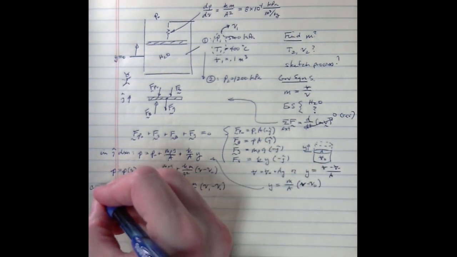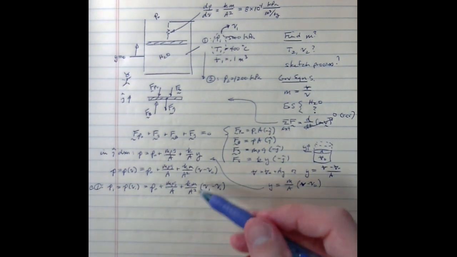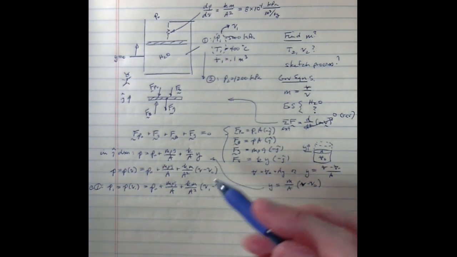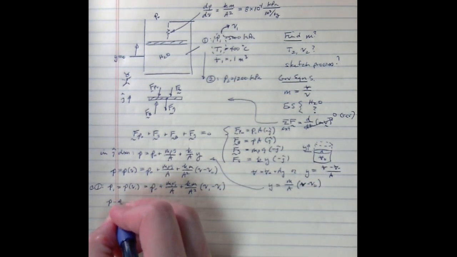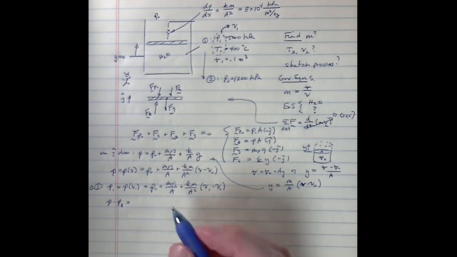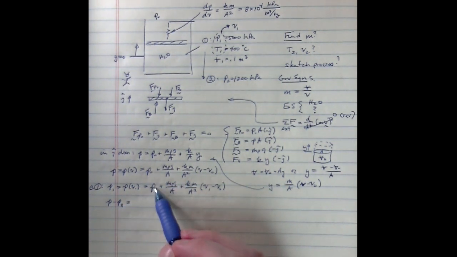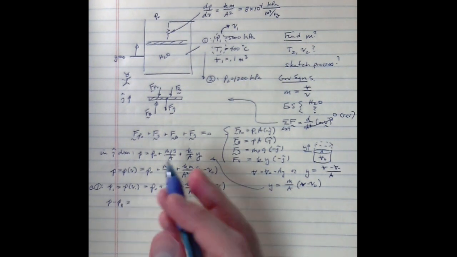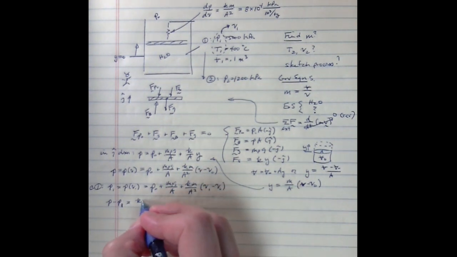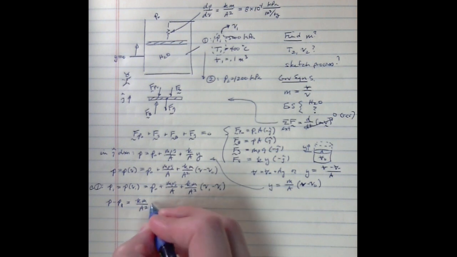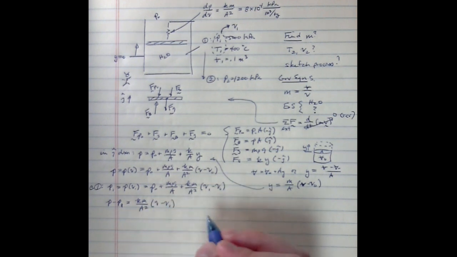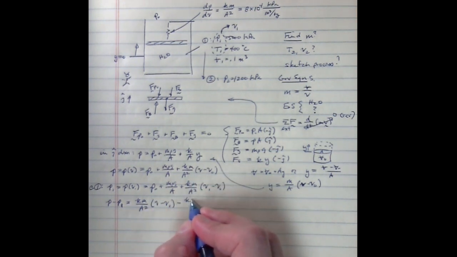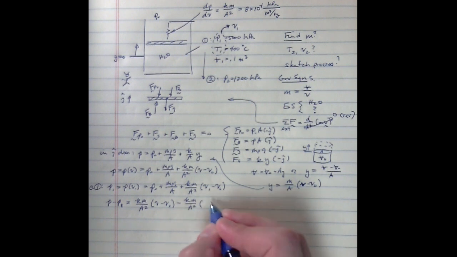Now let's try something interesting. So this is at state 1. Let's subtract these two expressions. We get P minus P1 equals, well, P naught minus P naught, that goes away. These two guys would go away. And we would get K m on A squared times v minus v naught minus K m on A squared times v1 minus v naught.